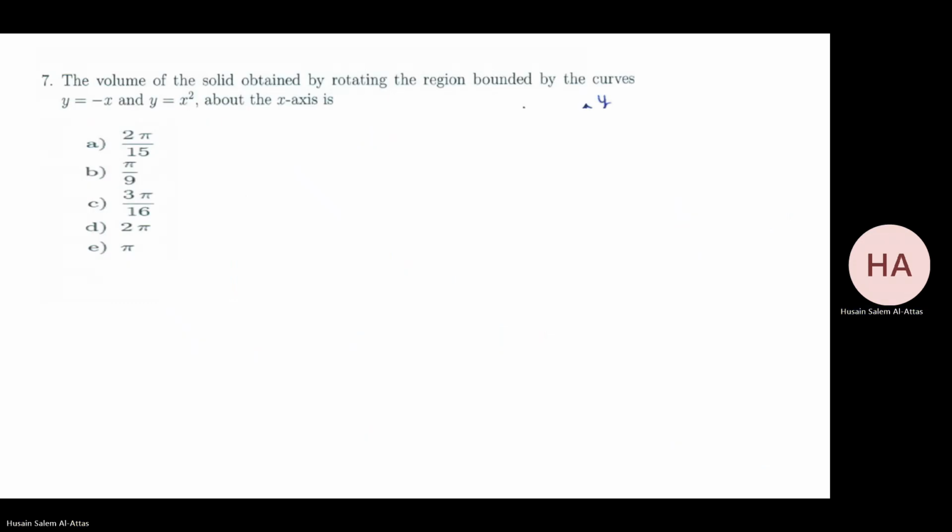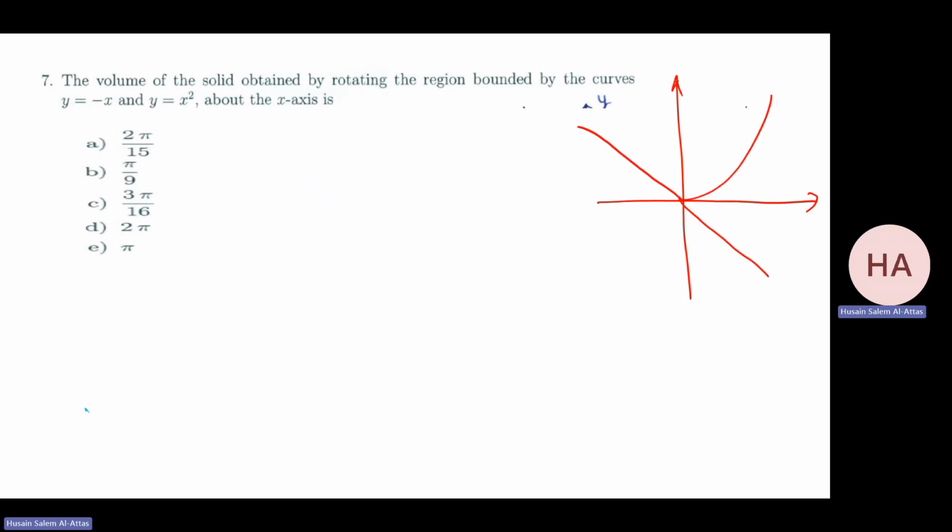Okay. The volume of the solid obtained by rotating the region bounded by the curves y equals minus x, and y equals x squared. So which region am I talking about? This region. And this is my line.